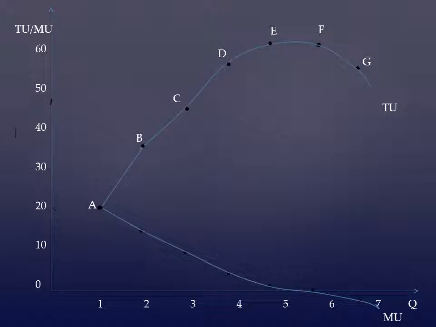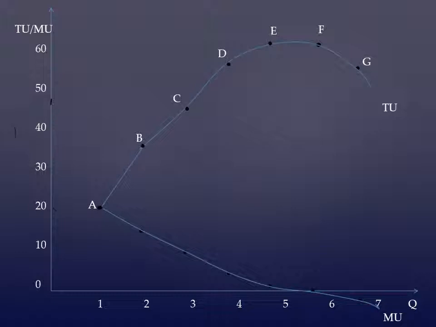Now we explain the law of diminishing marginal utility with the help of a graph. On the x-axis is the quantity of apples, while on the y-axis are the total utility and marginal utility of a consumer. When he consumes the first apple, his total utility and marginal utility are at point A. As he consumes the next and next apple, his total utility increases but at a decreasing rate, as shown in this graph, while his marginal utility decreases.